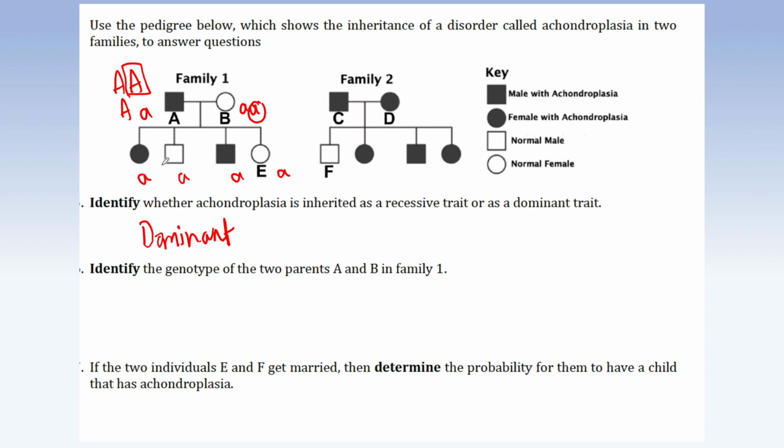At that time, all the kids must be affected, like the first girl and the third boy. But we can see the second male here, and E, also a girl, normal. What does that mean? That means they have a recessive allele. From where? From their dad.